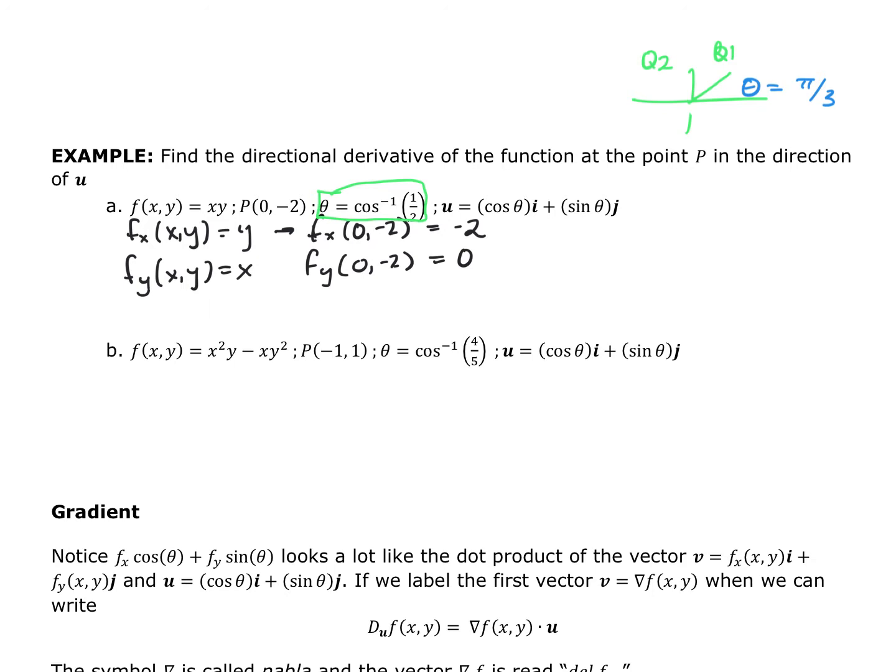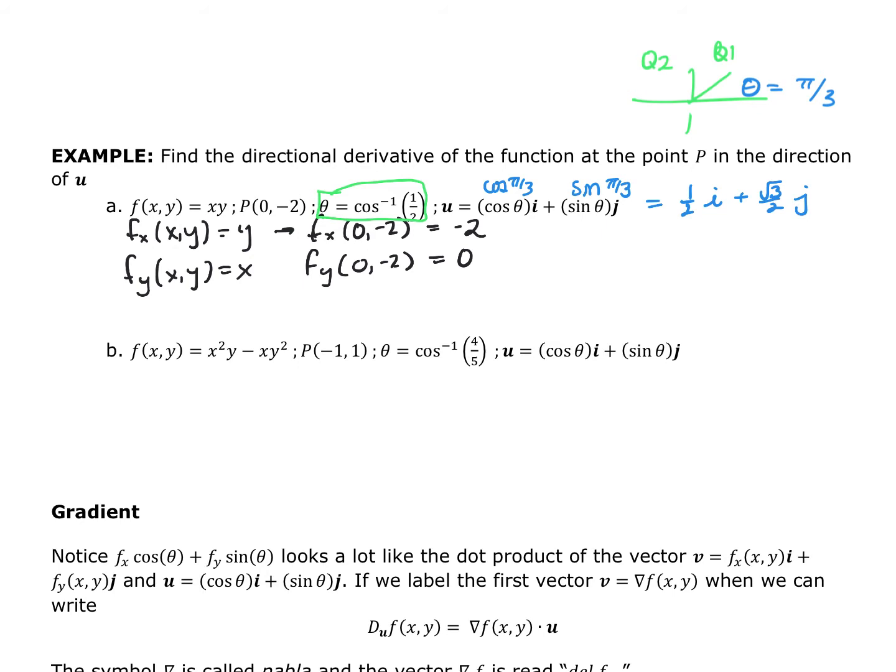So then my u is going to be the cosine of pi over 3 and then the sine of pi over 3. So this becomes cosine of pi over 3, which you already knew was 1/2, in the i direction. And then the sine of pi over 3 is square root of 3 over 2 in the j direction.